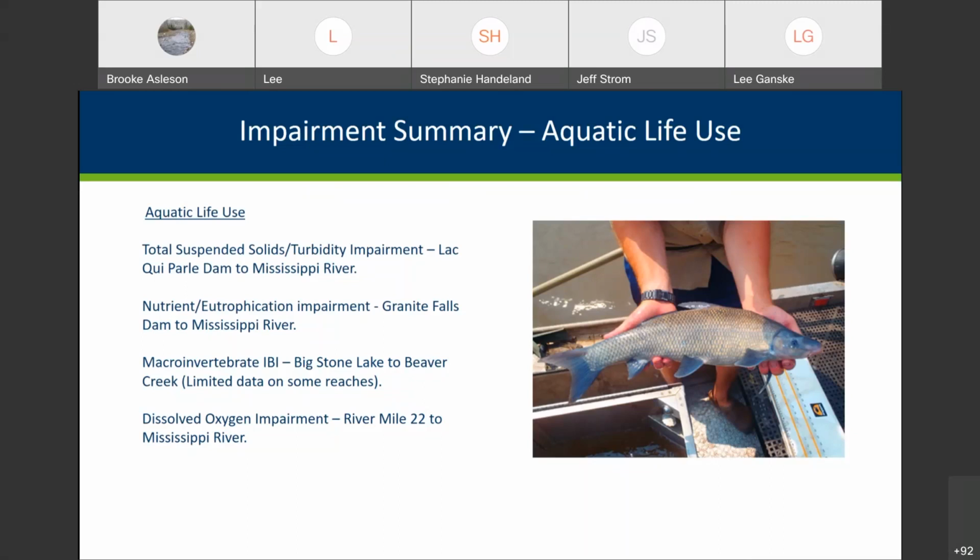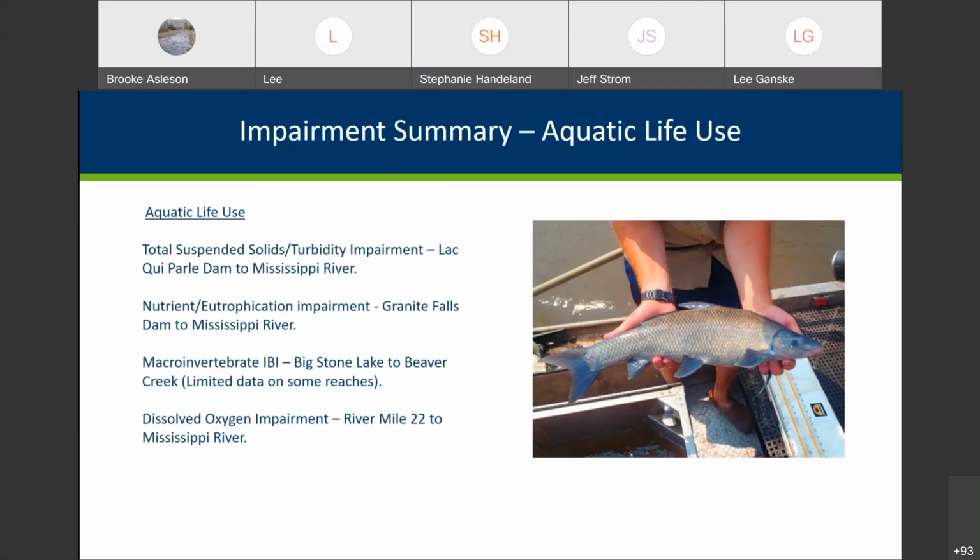So we see turbidity or total suspended solids impairments from Lac qui Parle Dam, which is south of Big Stone Lake, all the way through the river to the Mississippi River, so most of the Minnesota River. We see excess nutrients or eutrophication, which is the river eutrophication standard, from Granite Falls to the Mississippi River.